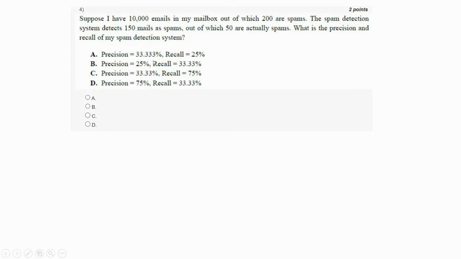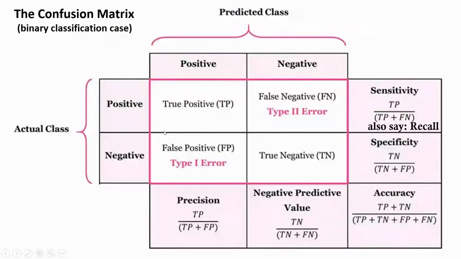The spam detection system detects 150 mails as spams. So it is detecting 150 as spam, which may be truly spams or which may be falsely spams. So this denominator TP plus FP is given as 150, not just one term. Yes, okay. So you don't need to add anything more there. This is already given as 150.